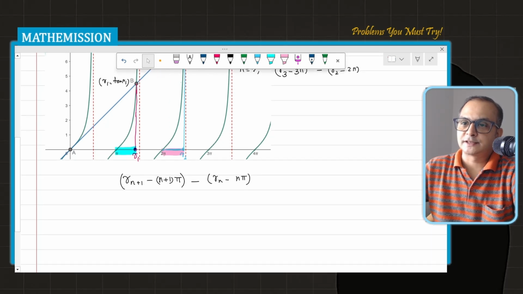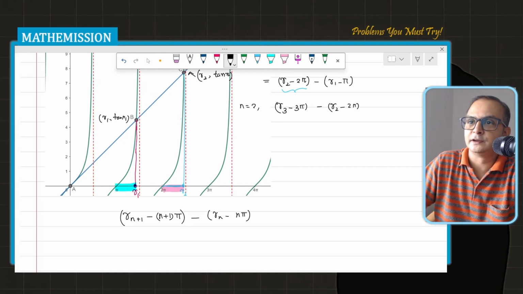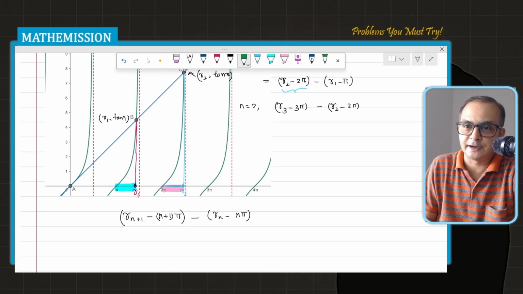So let us give this some name. Let me just give you the idea. This gap I'm calling gap 1, and this gap I'm calling gap 2.